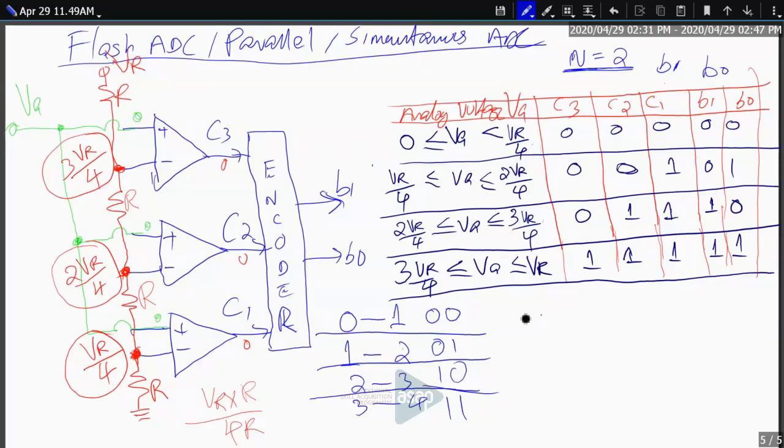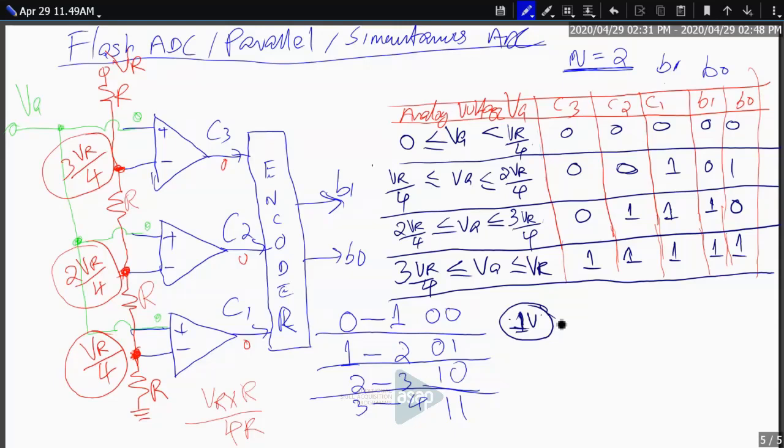Then comparator 3 will also produce a high output, because for all the comparators the applied voltage VA at the non-inverting terminal is much larger than that of the inverting terminals, so all of them will produce 1, 1, 1, and that we call 1, 1.